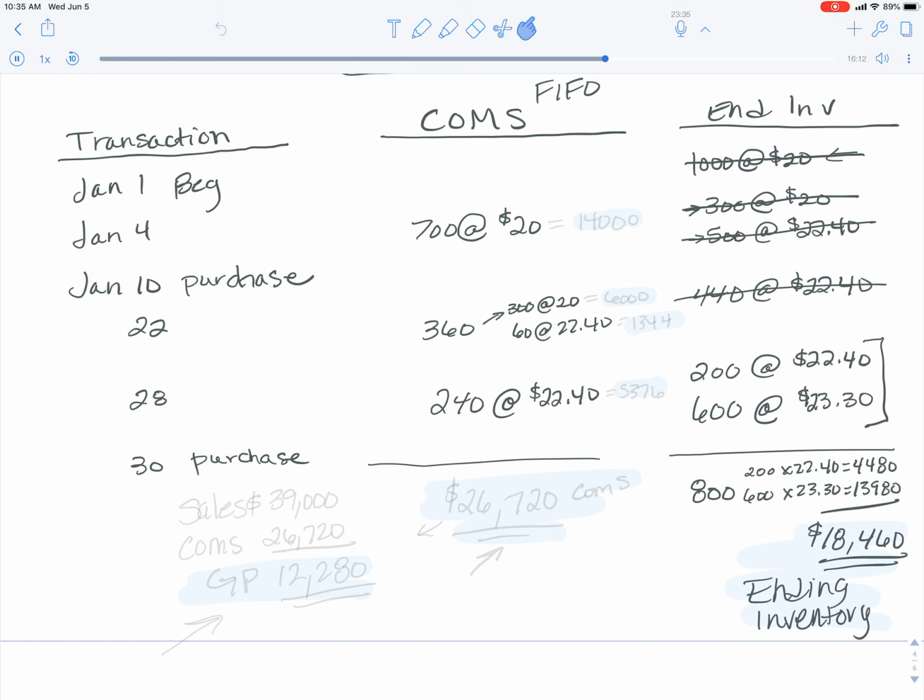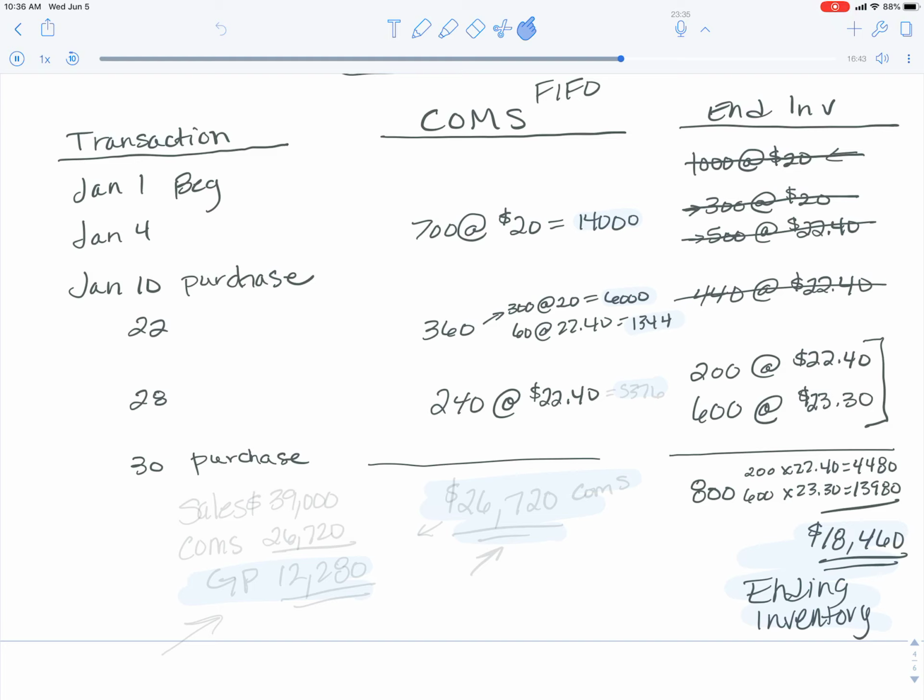Okay, now let's come up with the cost of merchandise sold. Well, we have to multiply them all out. 700 times 20 is 14,000. 300 times 20 is 6,000. 60 times 22.40 is 1,344.